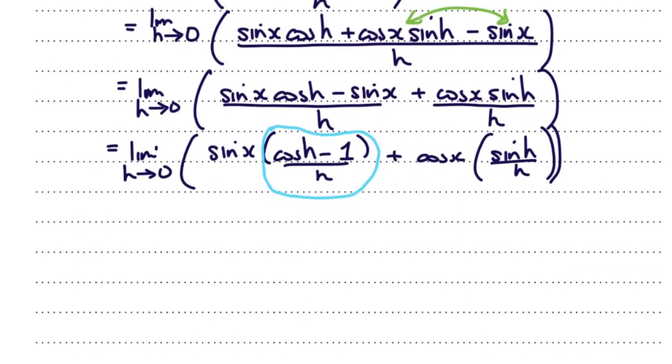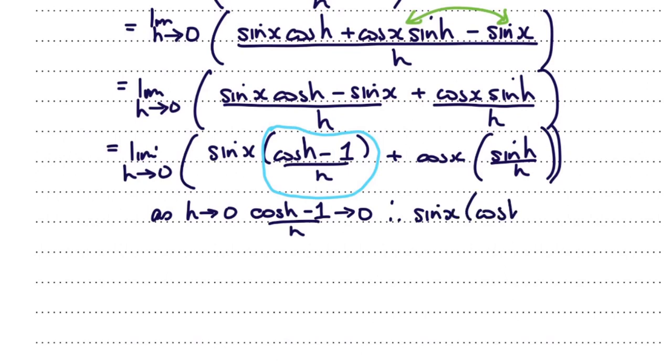So as h tends to 0, cos h minus 1 over h tends to 0. Therefore, sine x multiplied by cos h minus 1 over h also tends to 0.